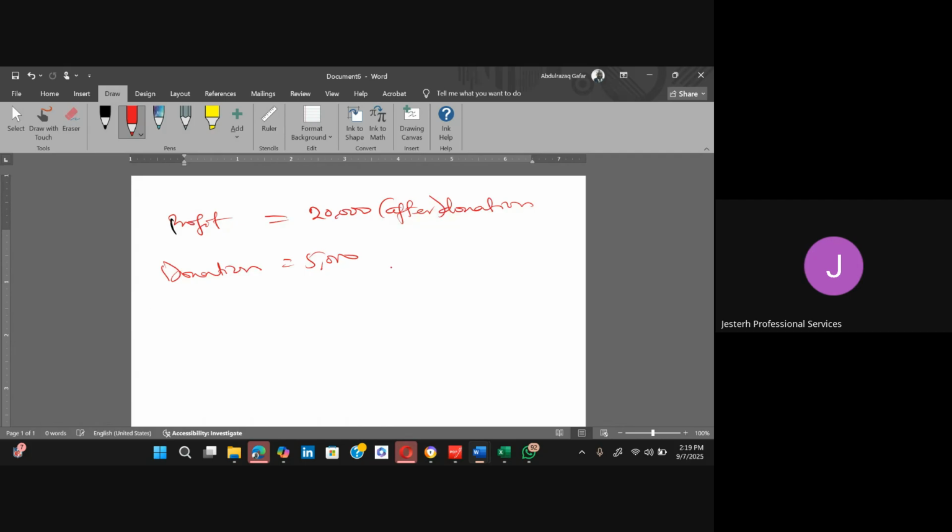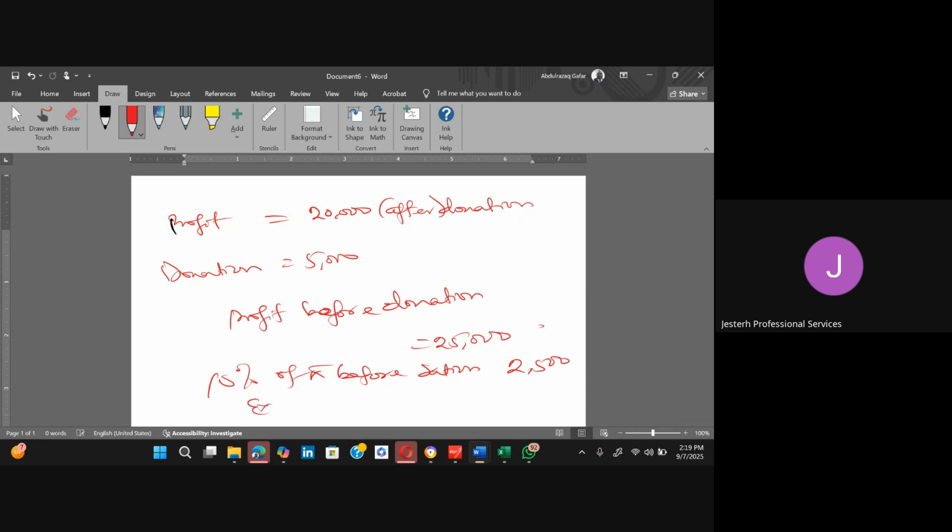So your profit before donation will be 25,000. And 10% of profits before donation is 2,500. So the excess will be disallowed. Only 2,500 will be allowed as tax deductible. Is it clear now?